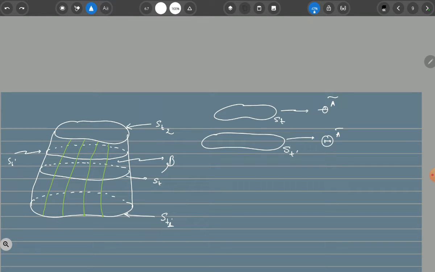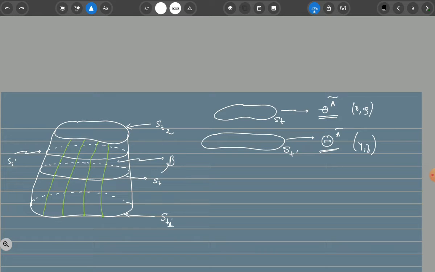It does not have to be that these should be the same. For example, this can be parameterized by theta and phi coordinates, and this can be parameterized by, say, x and y, or y and z. So the coordinates on one boundary surface ST do not have to be the same as the coordinates on another boundary surface ST prime. But it will be convenient if we could do so.